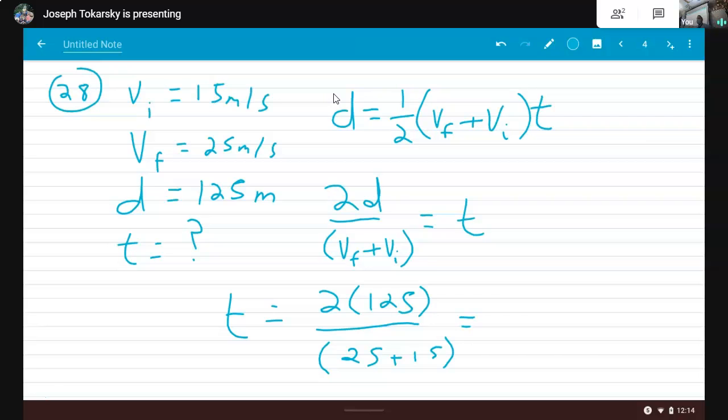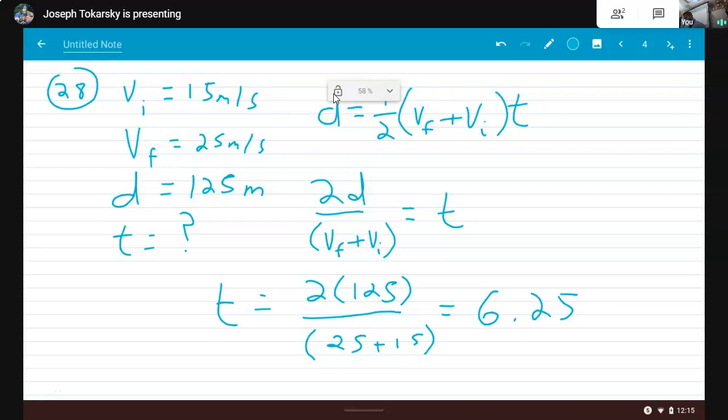If you don't want to do that, the only other thing you could do, so you don't make a calculator error, is put the entire numerator in parentheses divided by the entire denominator in parentheses. Then it should do it right. I really suggest, especially if you're having trouble, do the top separate. So 2 times 125 is 250, right? And then the bottom, 25 plus 15 is 40. So 250 divided by 40 is 6.25 or 6.3, depending on how you rounded that. Like I said, you could round it to 1 or 2 non-zero decimal places. So either one would be fine.